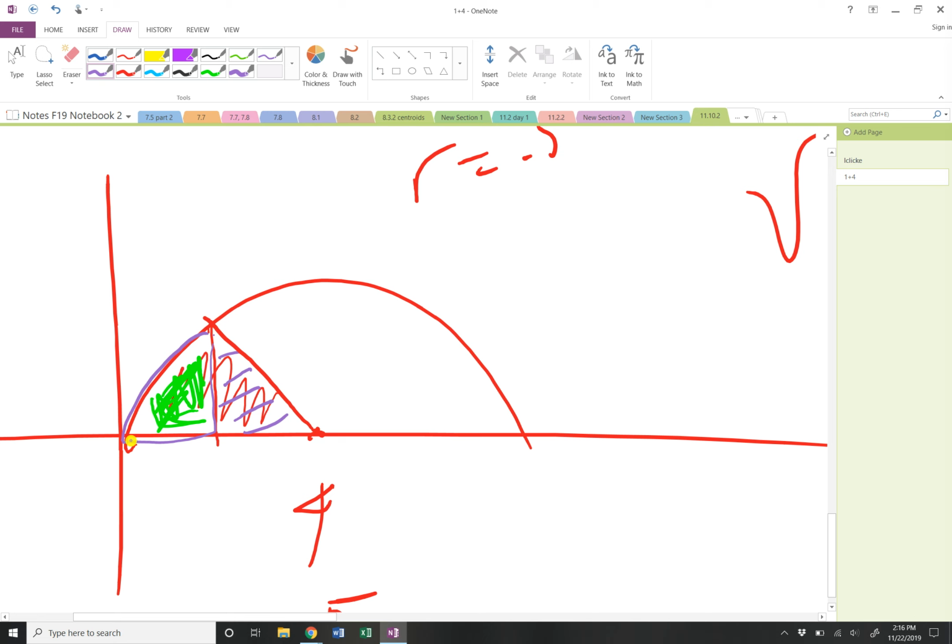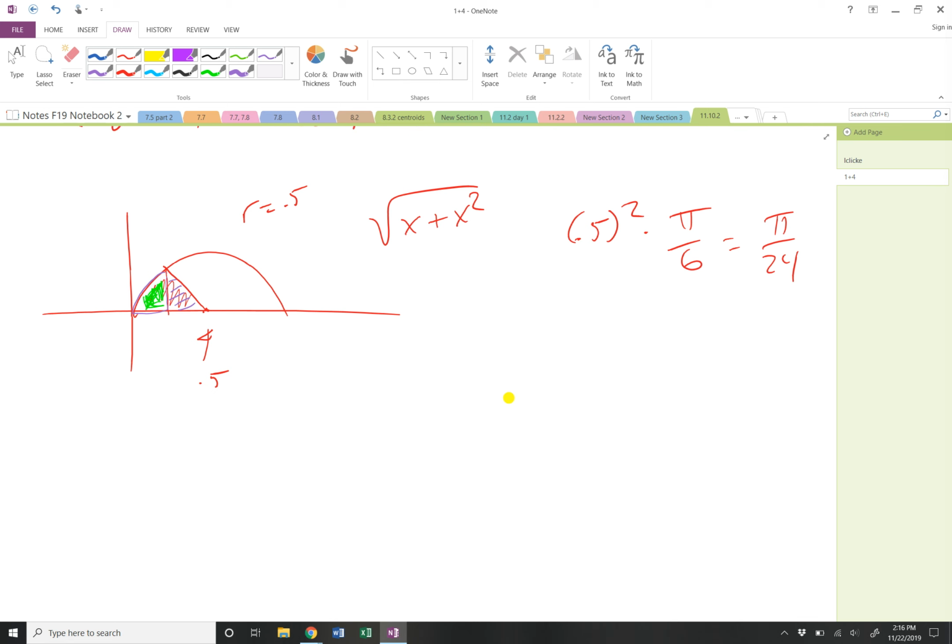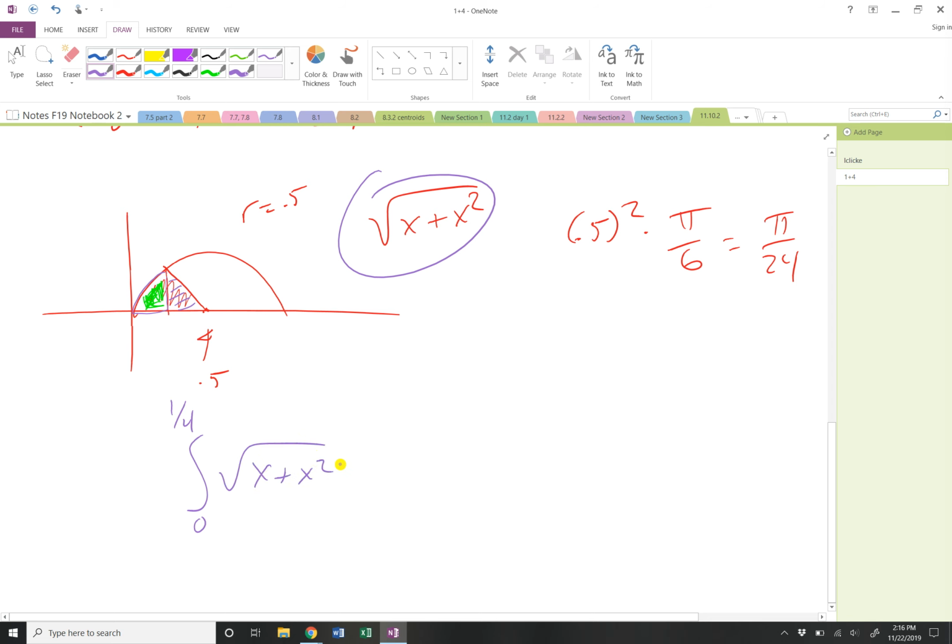You do an integral. And you have to find an integral of this thing, from 0 to 0.25, a fourth, of the square root of x plus x squared.